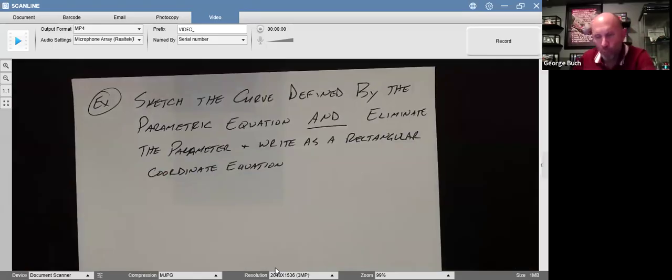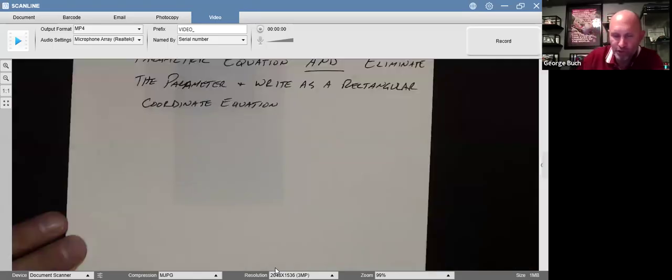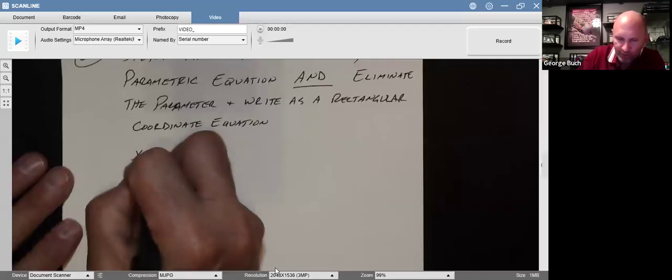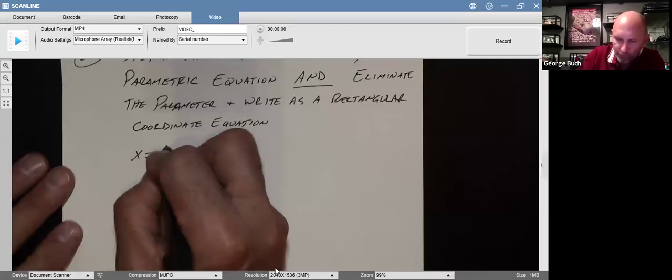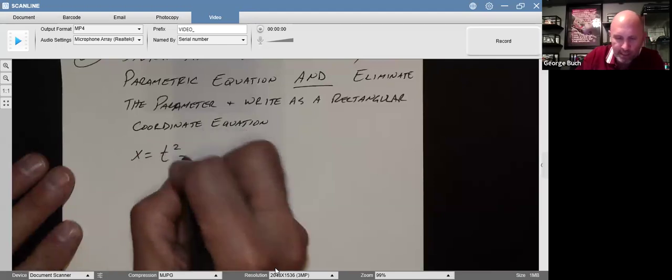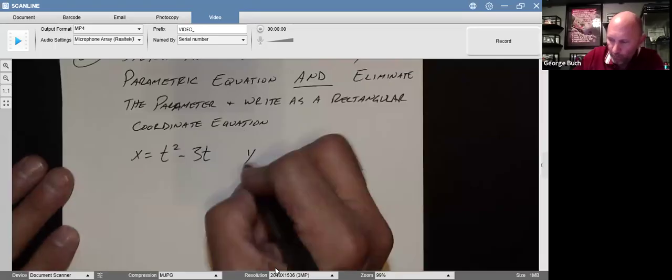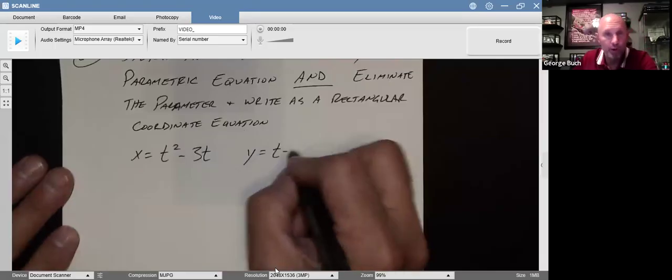So what does a parametric equation look like? It looks like this. We have x is equal to t squared minus 3t, and y is equal to t minus 1.